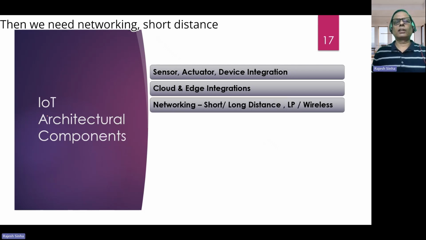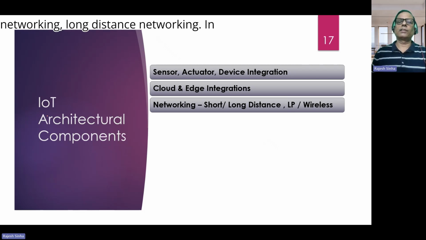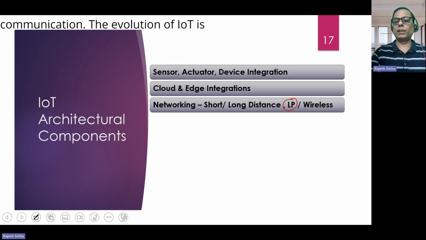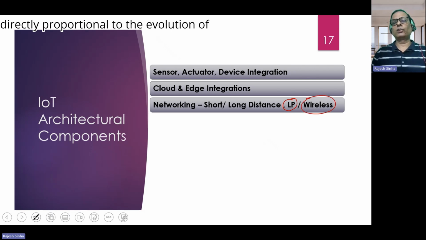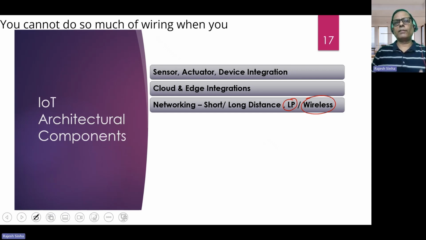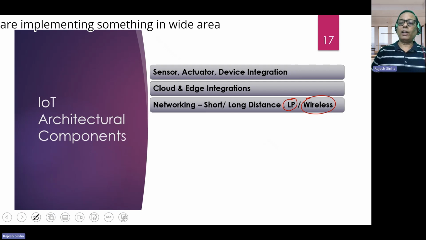Then we need networking, short distance networking, long distance networking. In case of IoT, one of the very important things is low power. LP stands for low powered, and wireless communication. The evolution of IoT is directly proportional to the evolution of wireless technology. You cannot do so much wiring when you are implementing something in a wide area network.